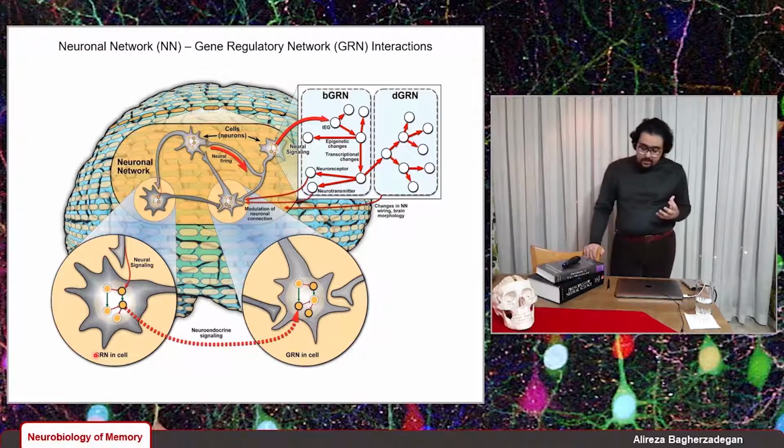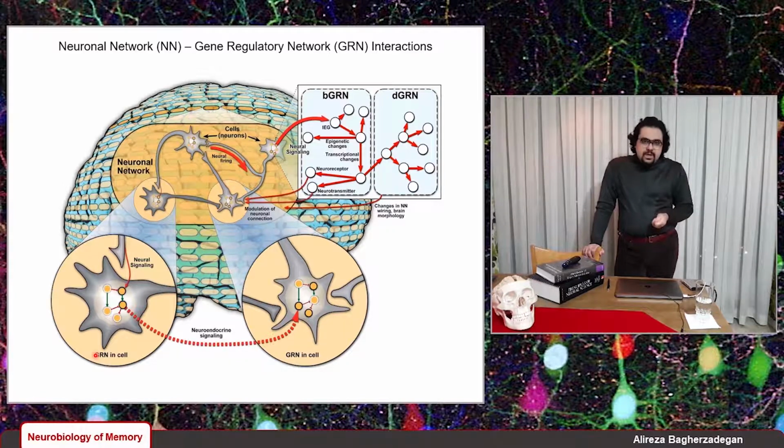According to experts in the field of genetics, we have two types of gene regulatory networks: developmental ones and behavioral gene regulatory networks. Again, the name can tell us what they are about.